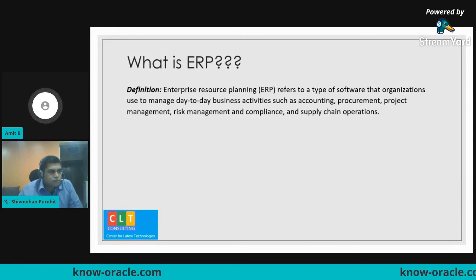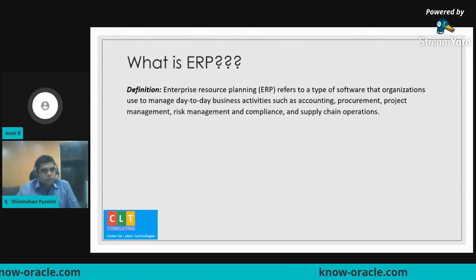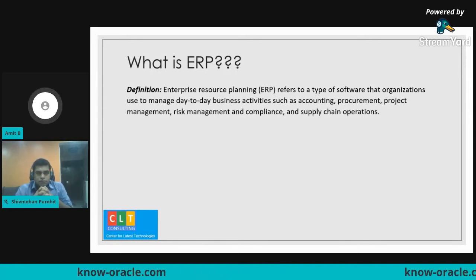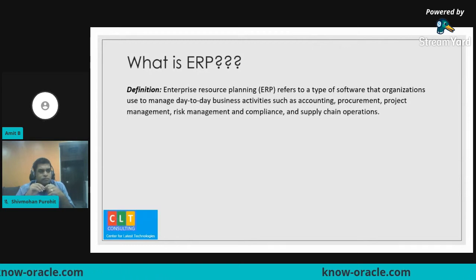So, as per the definition as it is appearing on your screens, enterprise resource planning refers to a type of software that organization use to manage day-to-day business activities. So before going into the definition, you think of any business, whether it is a shop, a general store, a medical store, a sweet shop, or anything, a bookstore, for instance.